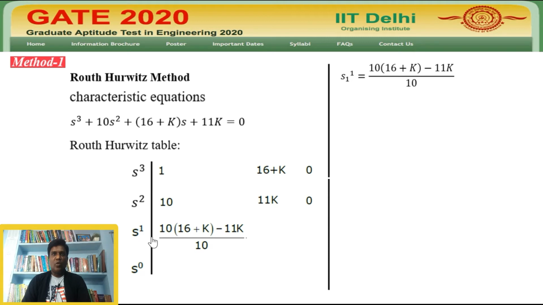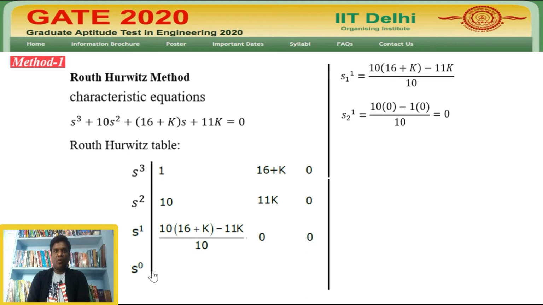Next, the third row and second position can be filled in the same manner, divided by the second row first position, 10. Then the equation will be s2 power 1 = (10 × 0 − 1 × 0) / 10. Therefore, s2 power 1 equals 0. This 0 is filled in the third row and second position of Routh's table. Similarly, the continuation of the row will be 0.